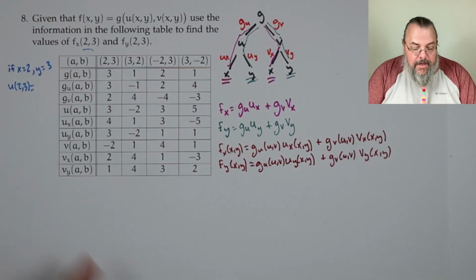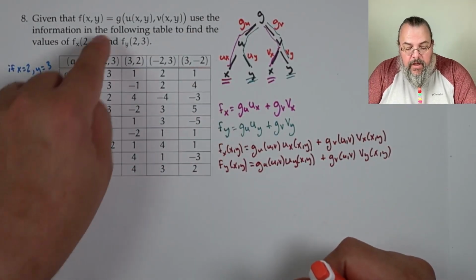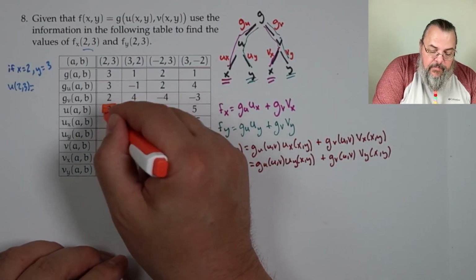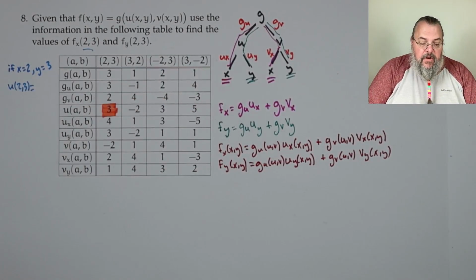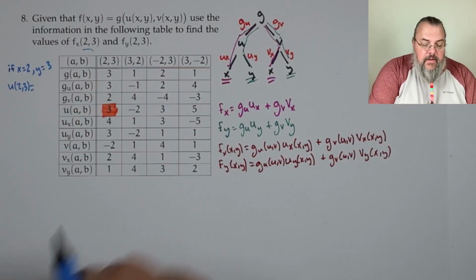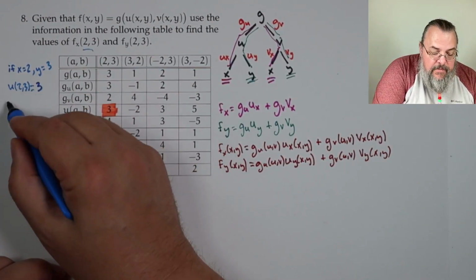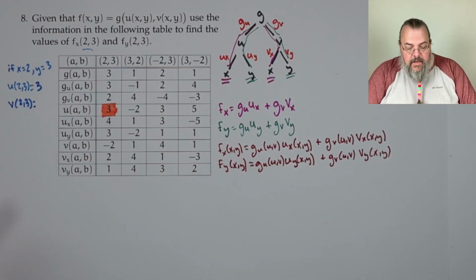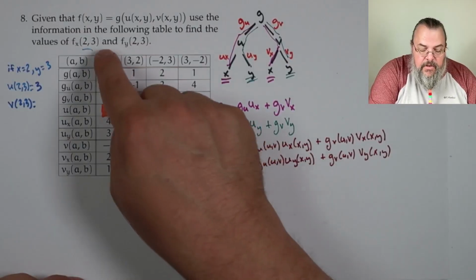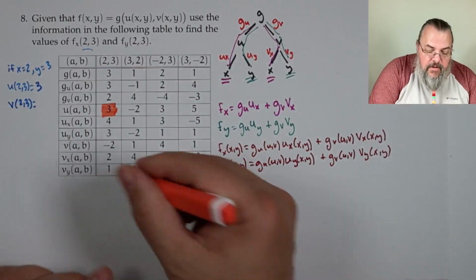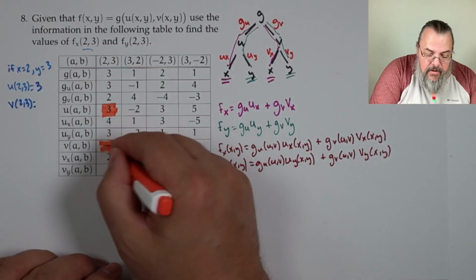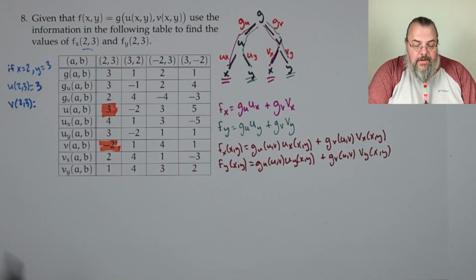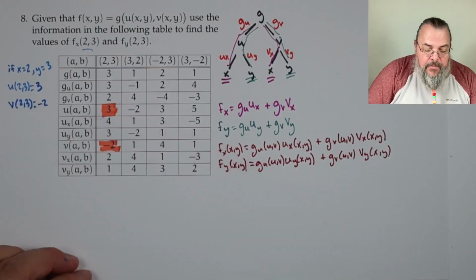We have a u row, we have a 2, 3 column, so u of 2 comma 3 is right here, 3. All right, so we'll keep that in mind. So that's a 3. And v of 2 comma 3 is what? Well, again, we have a v row, a 2, 3 column, and so v of 2 comma 3 is right here, -2. All right, so we'll make a note of that, -2.